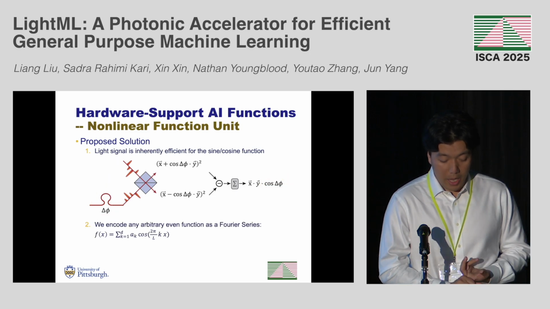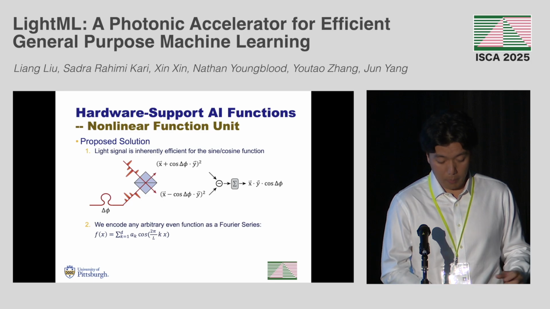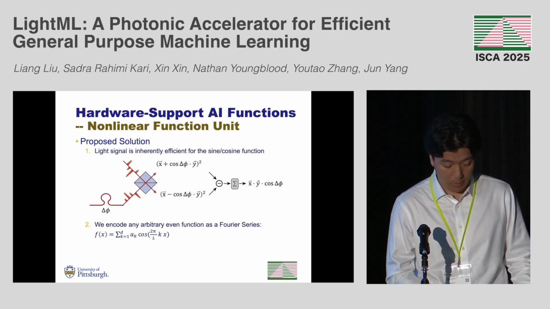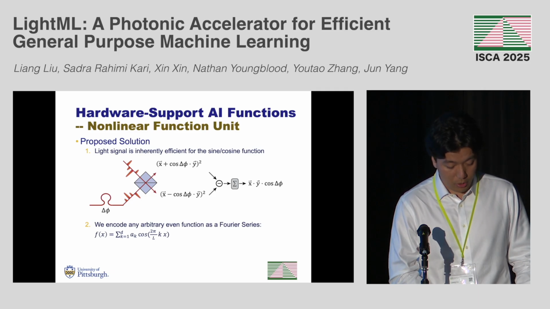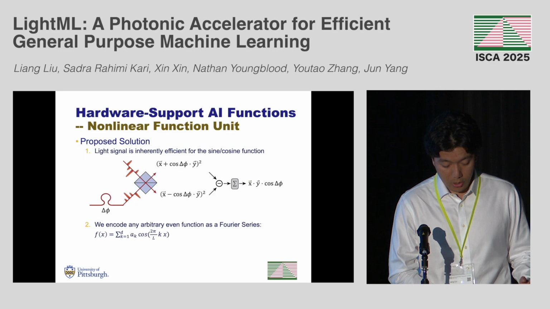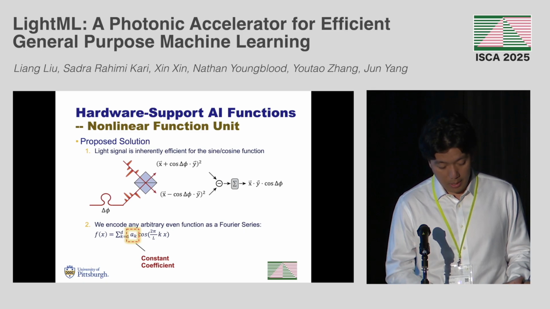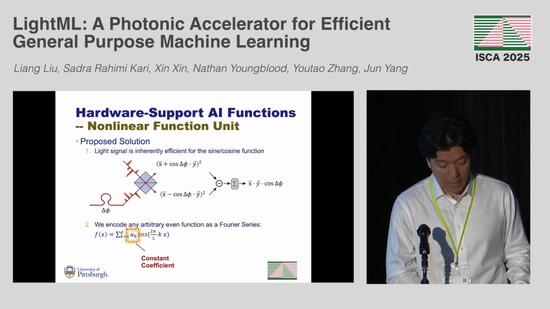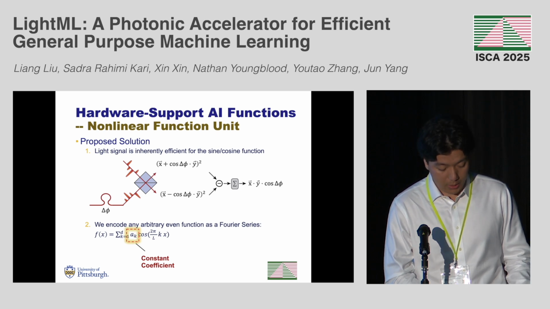Next, by having the capability to compute this cosine function, we can construct any arbitrary nonlinear function using the Fourier series. The constructed function is shown here. Any nonlinear function can be a summation of a constant coefficient, a_k, and a cosine function. Within the cosine function, there is a scaling factor, 2 pi divided by L, and the multiplier of x.